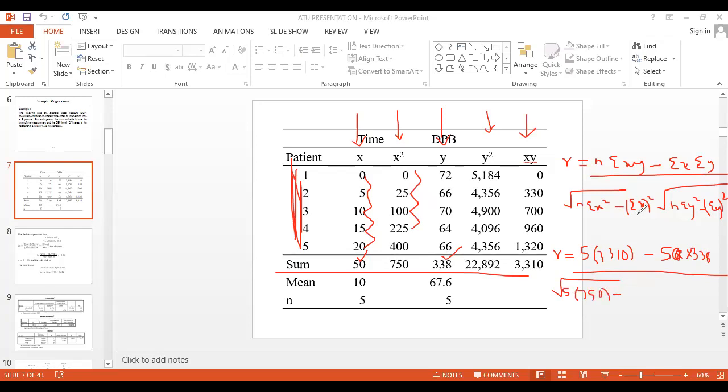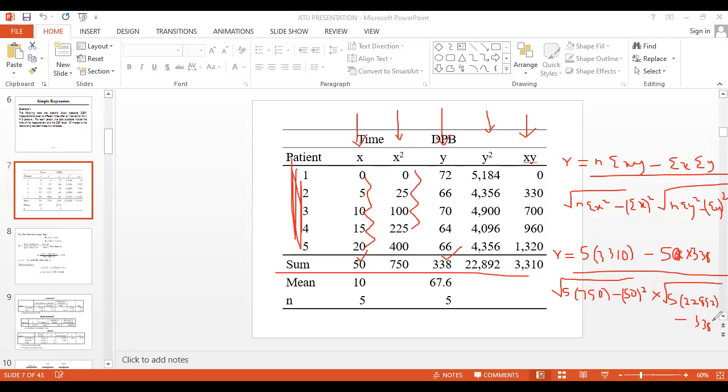Minus summation X, which is still 50, but this time you square it, so that will be 50 squared. Then we have times, the other side, the square root of N summation Y squared. Y squared is a huge value, that's 22,892. Minus, for lack of space I'm writing there, your summation Y squared, which is 338 squared.